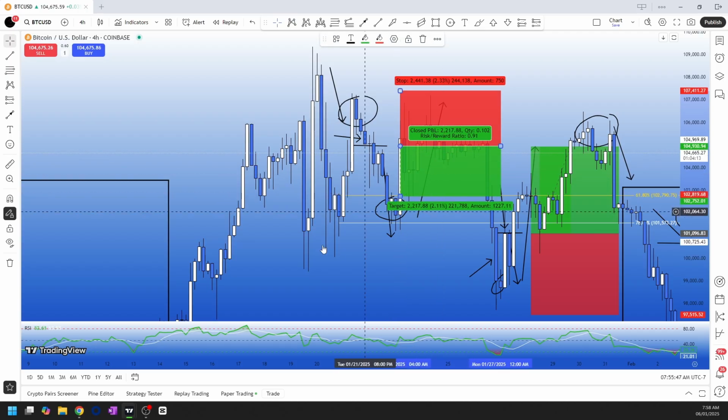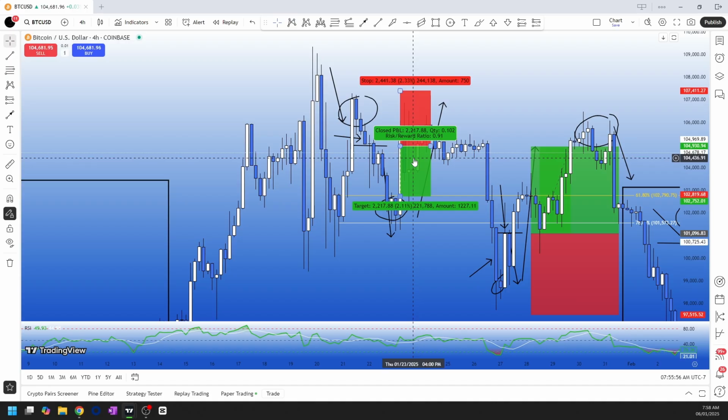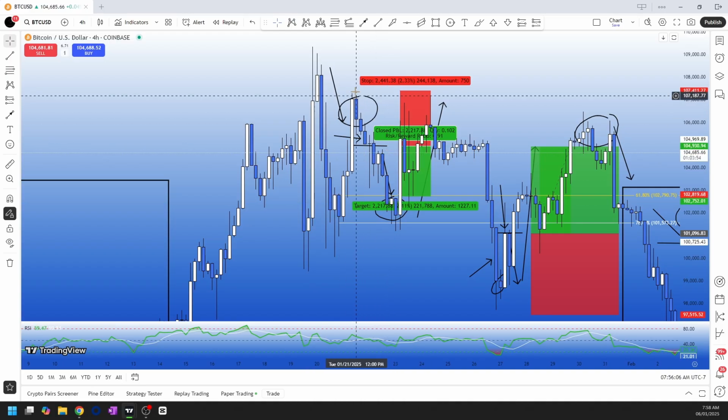You got your 1-to-1. You got your trade. You're not always going to get a 2-to-1. But if a 1-to-1 is your minimum criteria, then you might have to adjust. It's at your discretion. But as long as none of the rules are broken. So don't break the rules.